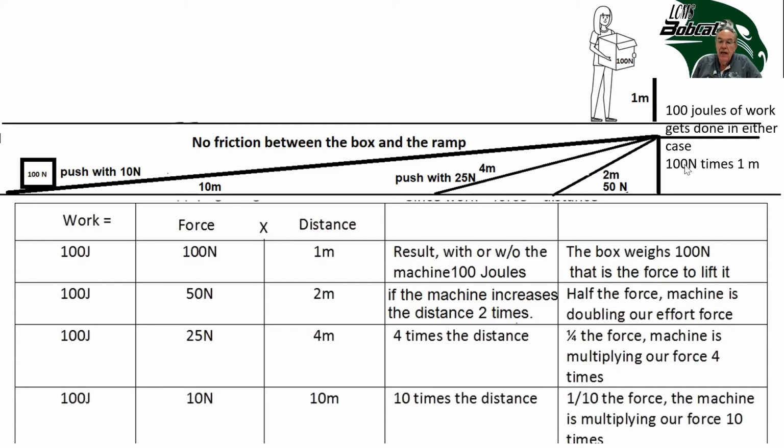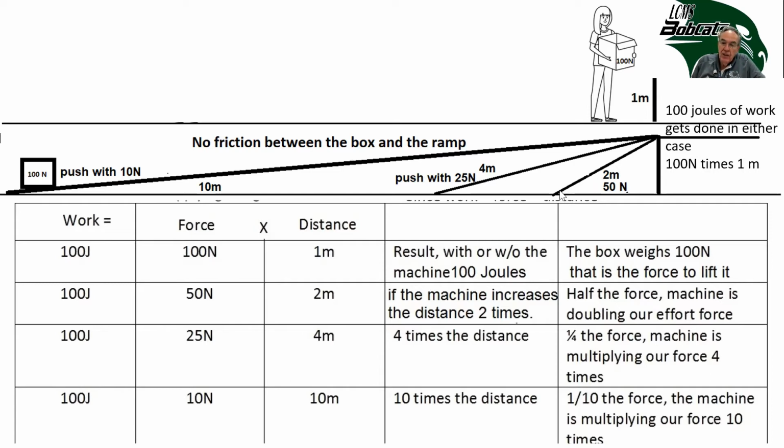Okay, in either case, it's the 100 Newtons times the 1 meter that the box got lifted. That's the output. So the result without the machine is the force, the weight of the box, 100 newtons, is lifted a distance of 1 meter. So the amount of work that gets done is 1 meter times 100 newtons, 100 joules of work gets done.